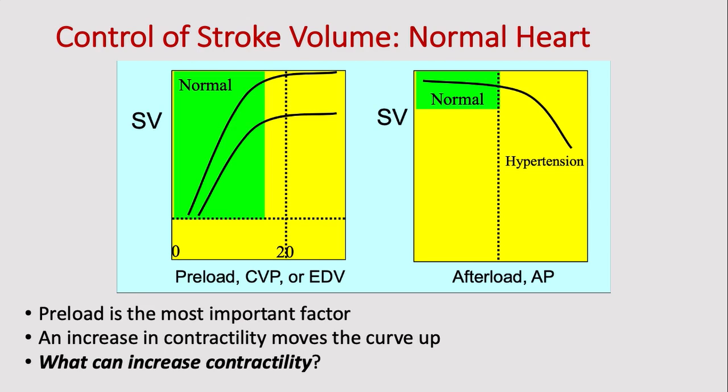So your heart can compensate for that for a while, but what happens is your heart tends to hypertrophy or fail after a while, and you can end up with heart failure if you have elevated blood pressure for a long time, because your heart has to constantly push against that and grow the muscle, which will leave less room for blood to actually be in the heart, which will also decrease your stroke volume.